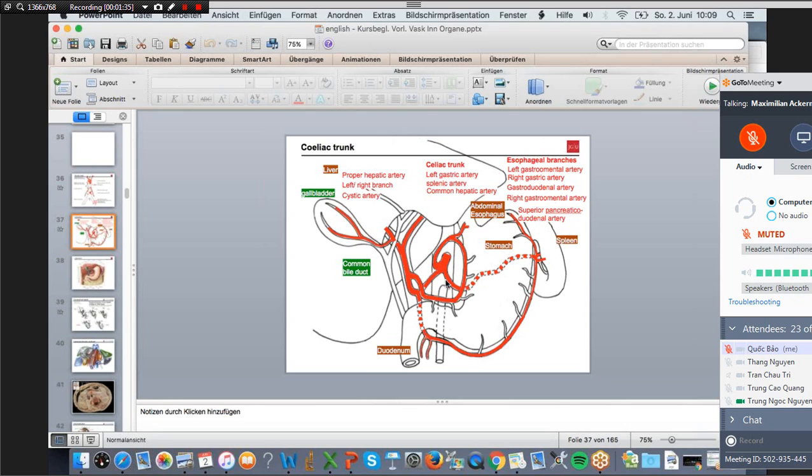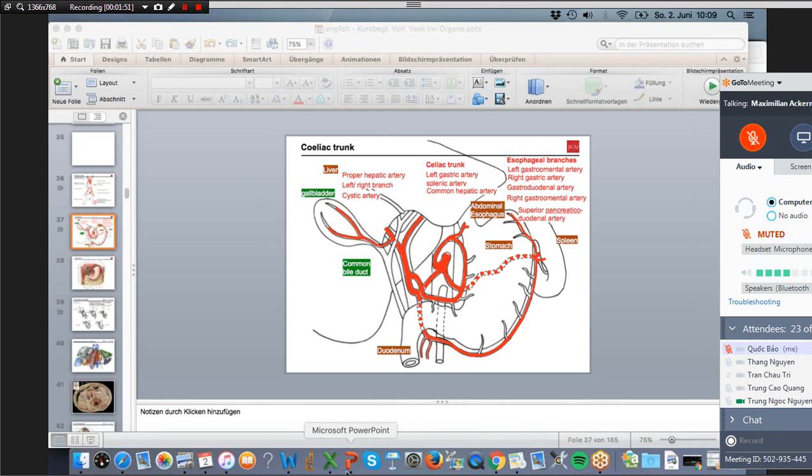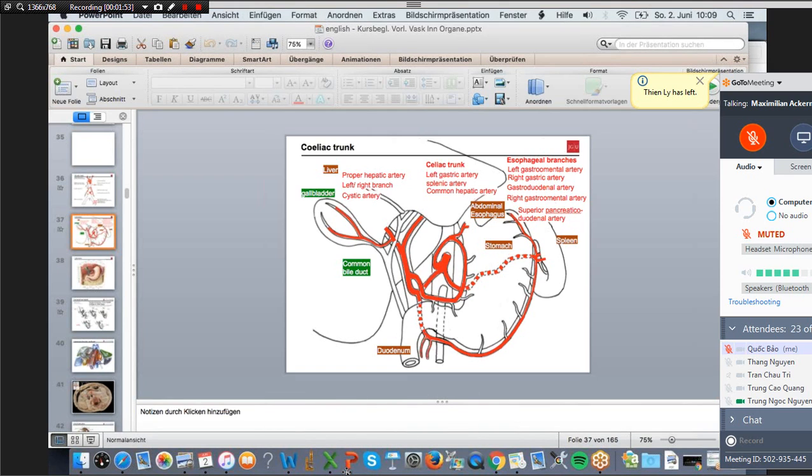Talking about the celiac trunk means talking about three relevant vessels: the left gastric artery, the splenic artery, and the common hepatic artery. From the left gastric artery you have the lesser curvature of the stomach, which has an anastomosis with the right gastric artery, and the right gastric artery comes directly from the common hepatic artery.